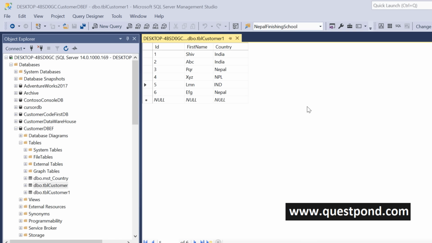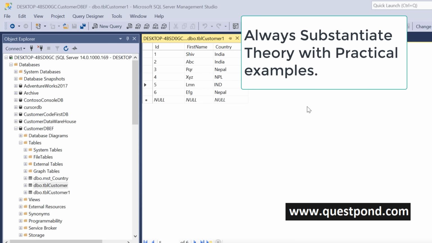And the third important tip is always try to substantiate your answer with some practical examples. For example, for this question, I will answer something like this. So first I will start with the theory. Database normalization is a database design technique to remove or to avoid redundant data. So for example, let us say you have a transaction table, and in the transaction table you have country data.